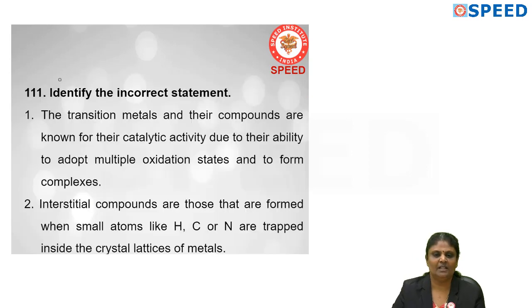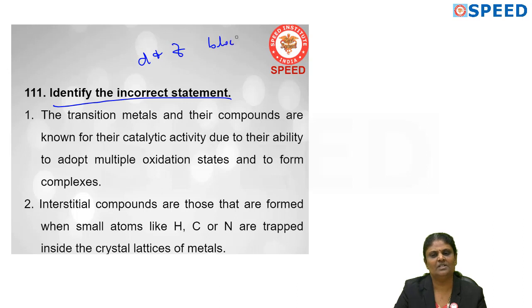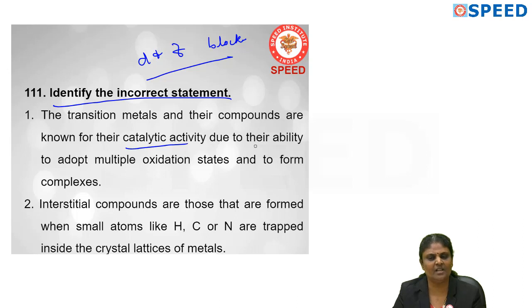And then identify the incorrect statement. This question is from D and F block elements, I think. This time there are more questions from this periodic table. The transition metals and their compounds are known for their catalytic activity due to their ability to adopt multiple oxidation states and to form complexes.